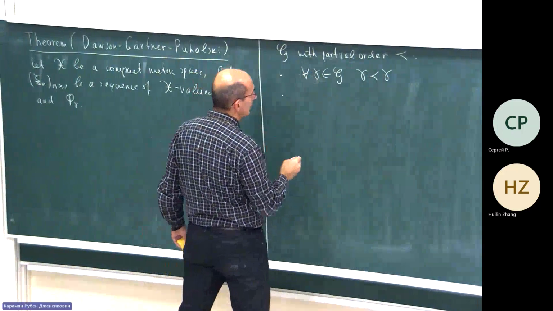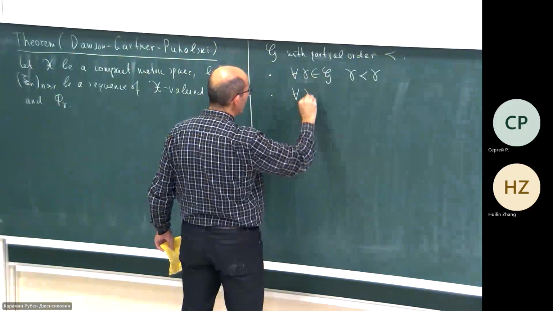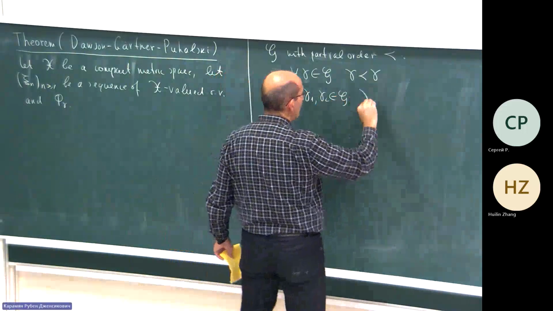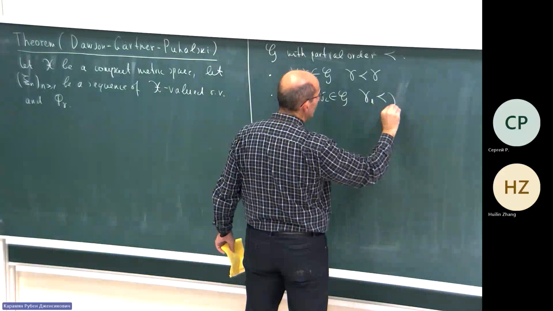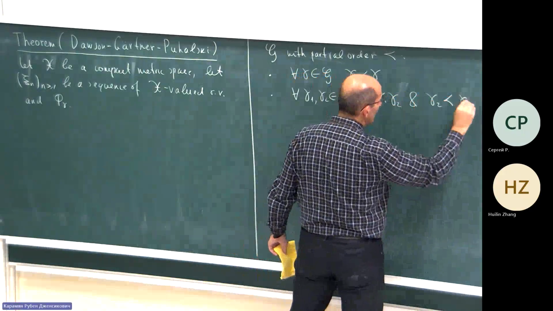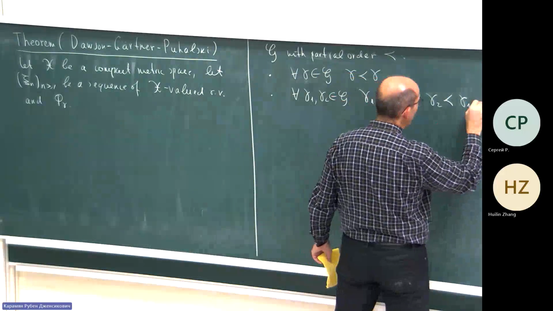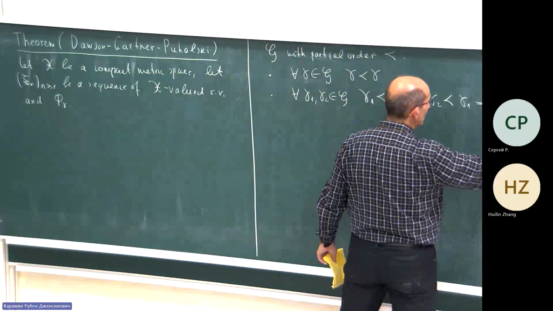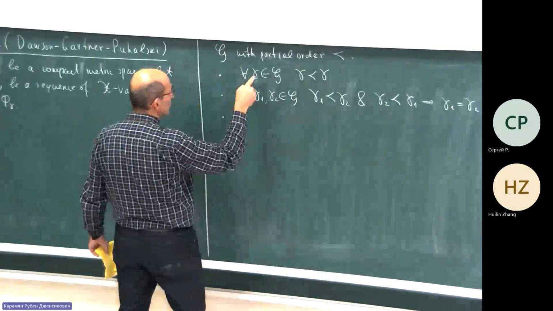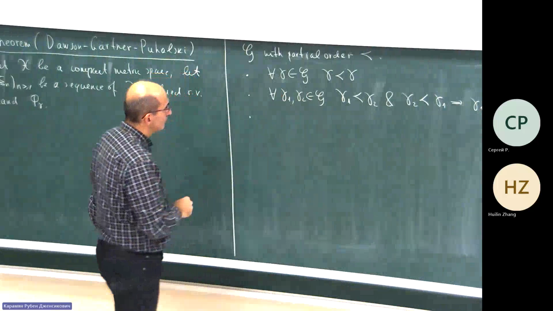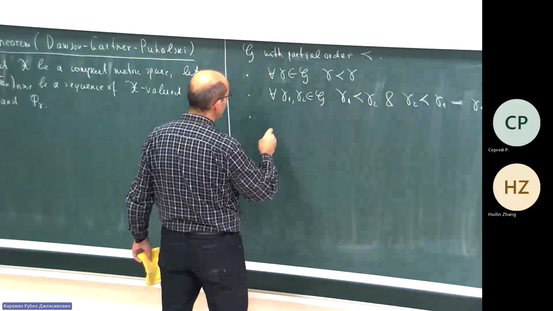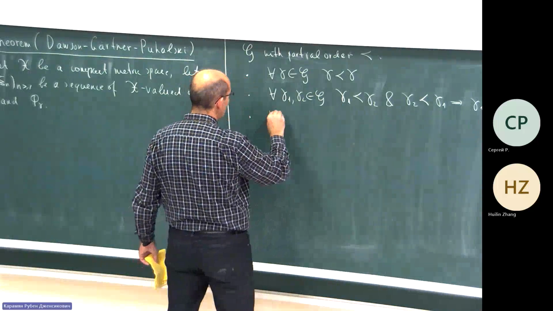The second condition is that for any gamma 1, gamma 2 in G, if gamma 1 is smaller than gamma 2 and gamma 2 is smaller than gamma 1, then gamma 1 is equal to gamma 2. So it is reflexive, it is antisymmetric, and it is transitive.